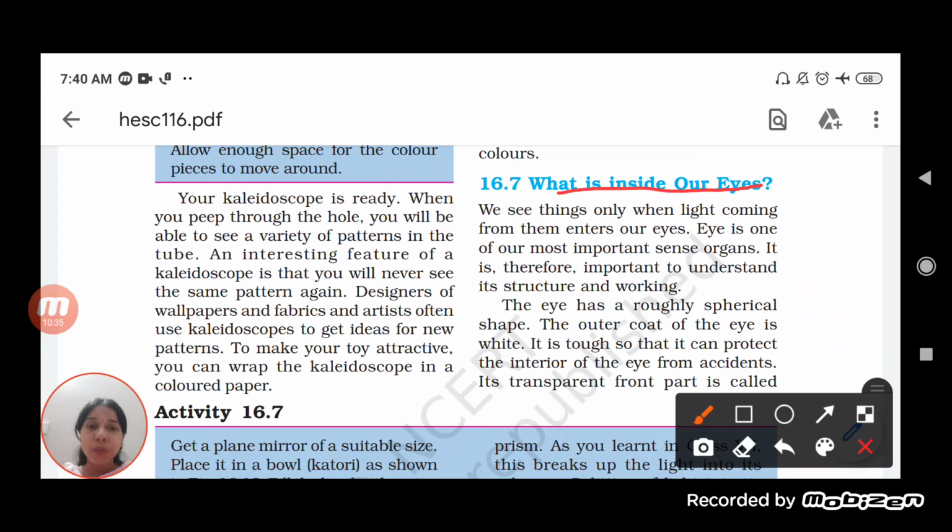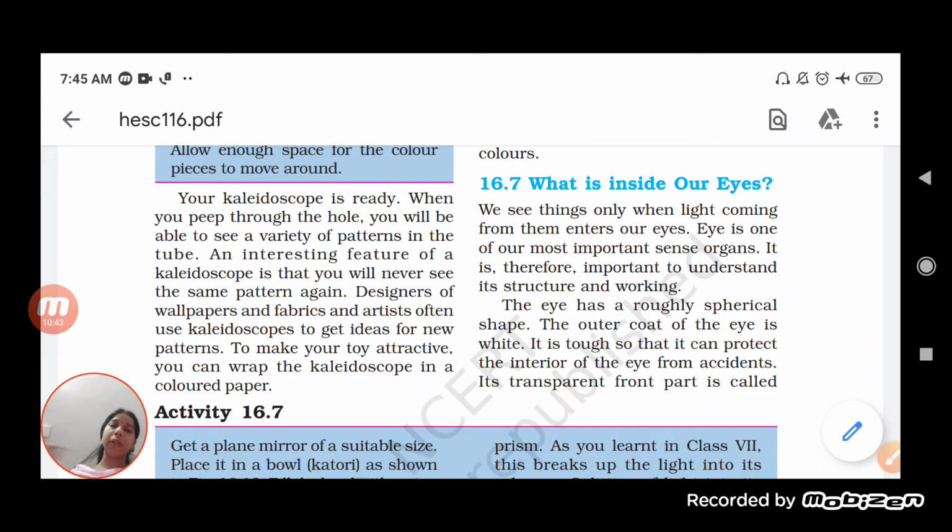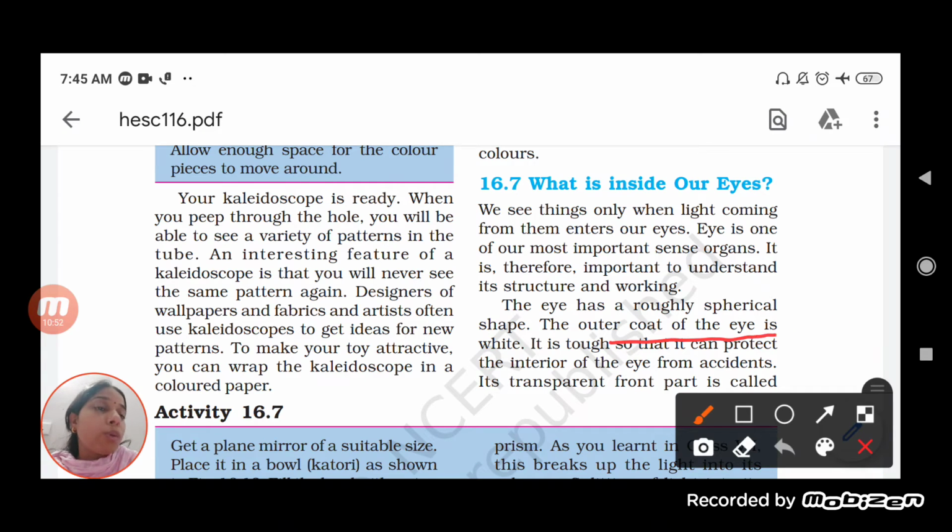Whenever there is a tough outer coat, it is always there to protect. So the outer hard coating is there for protection. That's why it is written here: the outer coat of the eye is what?